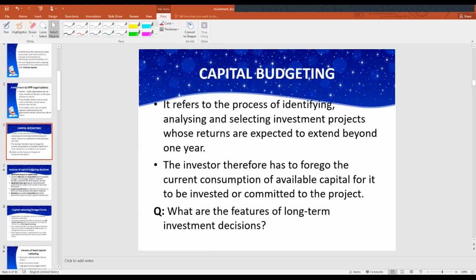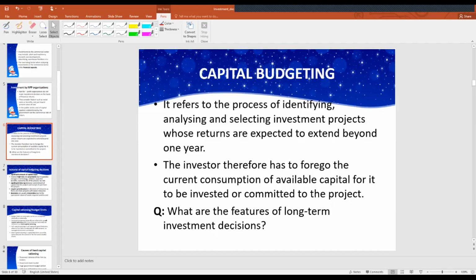So the first step is you identify potential investments. As we shall discuss along the way, that is the first major step. Step number one, identifying where we should invest our money. Should we expand from Kenya to Uganda?